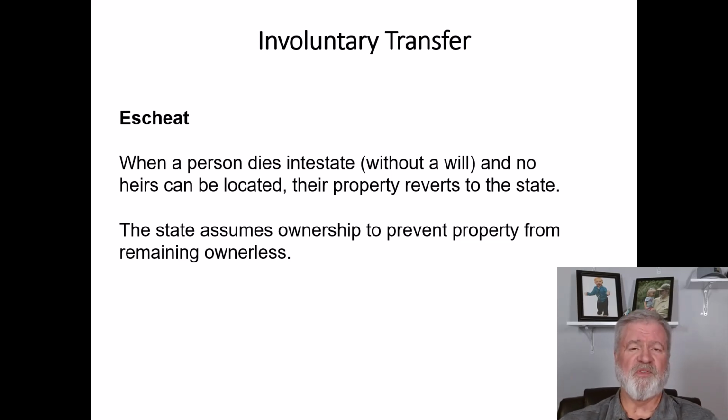Then y'all got to do something with the property. So guess who's going to get it? The state. So under escheat, that just means the property transfers over to the state, because there are no legal heirs, or at least none that we can find.